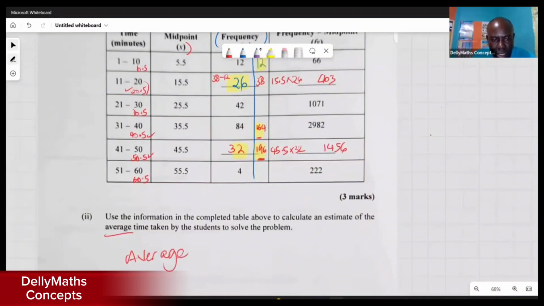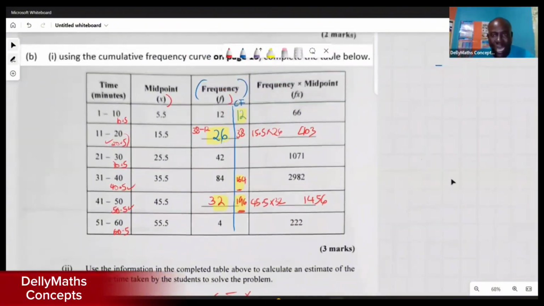All right. Now, remember that when we're finding the average, or what we call X bar or the mean, it's the sum of the FX divided by the sum of the F. So we need to add up the values in this column. All of those values, we want to add them up. So we're talking about 66 plus 403 plus 1071 plus 2982 plus 1456 plus 222, and I'm getting 6,200.